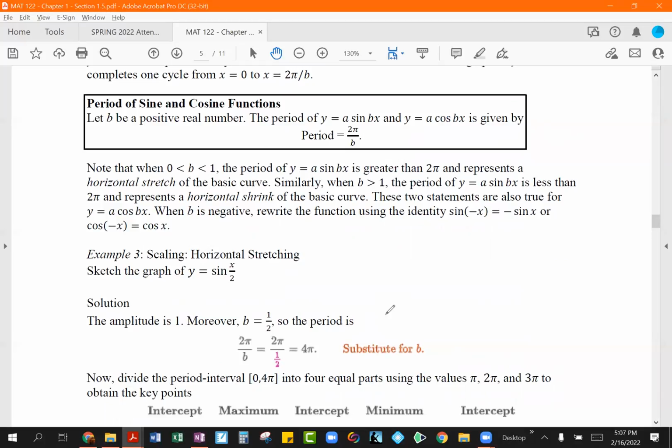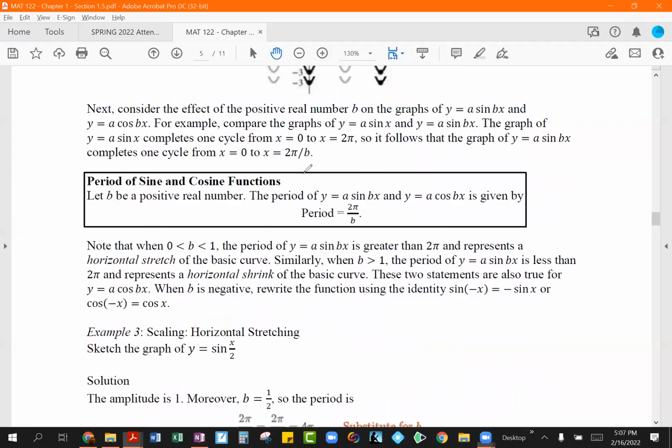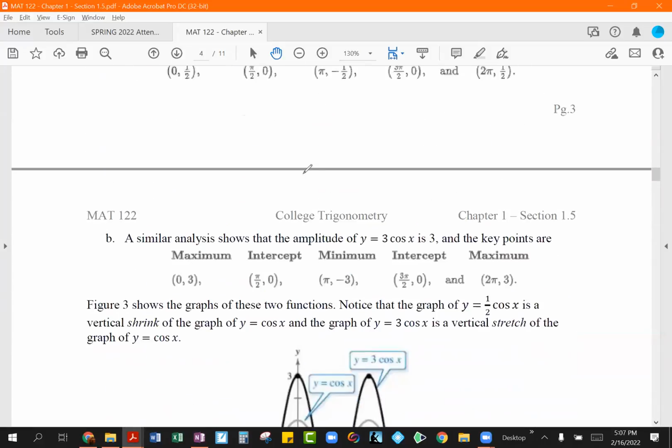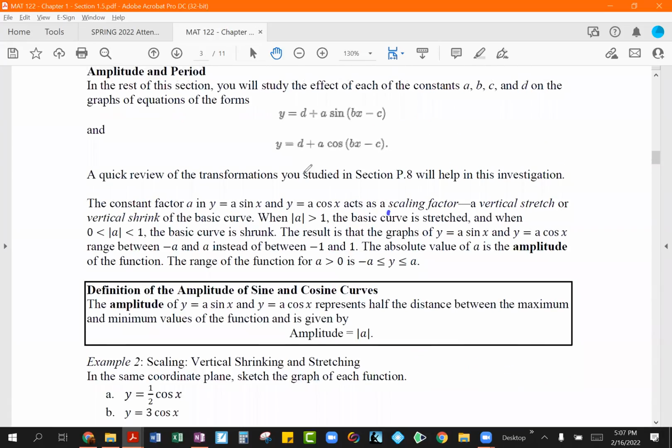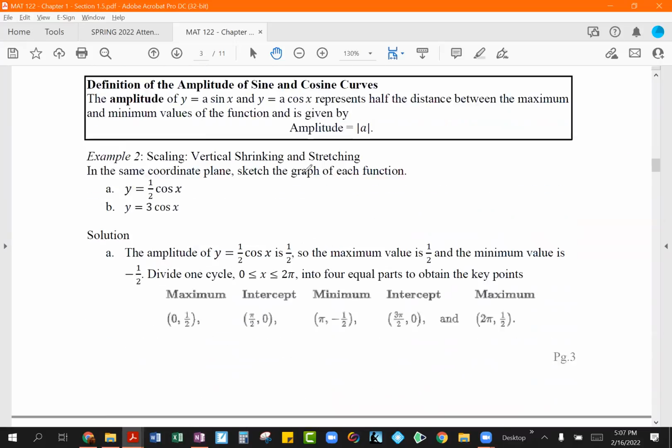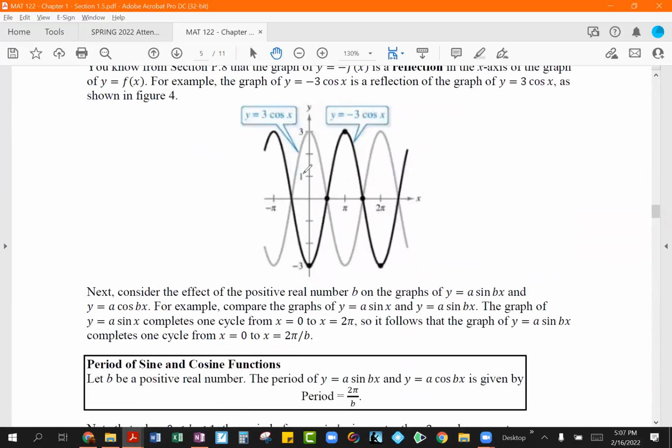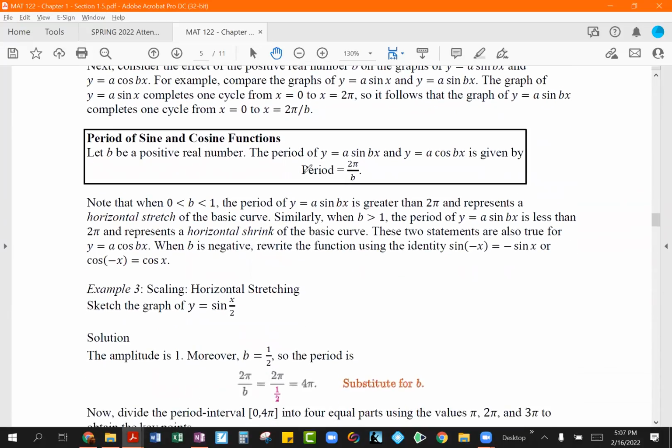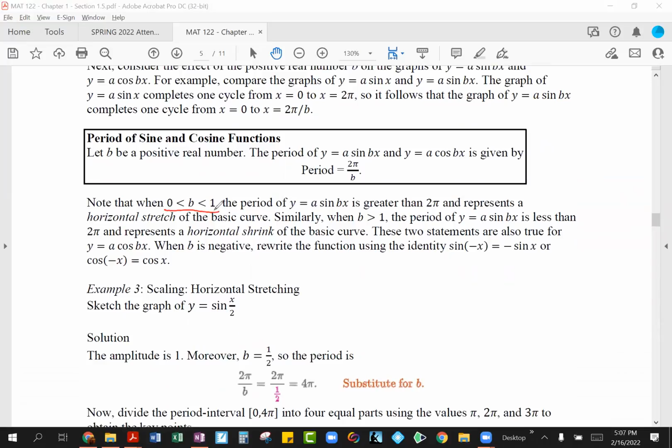The other thing that happens because of this b value is, you know how we talked about the vertical stretch and shrink with the a value, the scaling factor? That b value will actually create a horizontal stretch or shrink. If your b value is between 0 and 1, the period of your function will be greater than 2 pi, and it will give us a horizontal stretch.